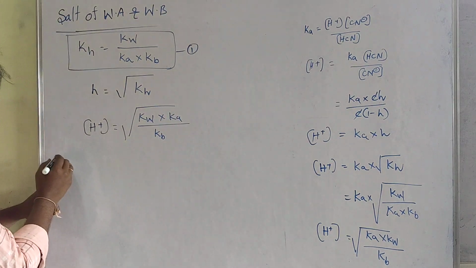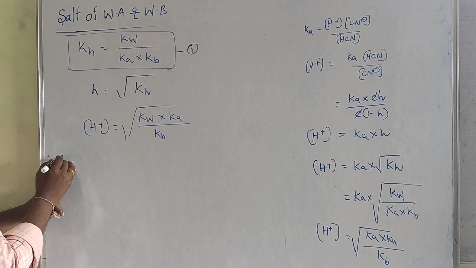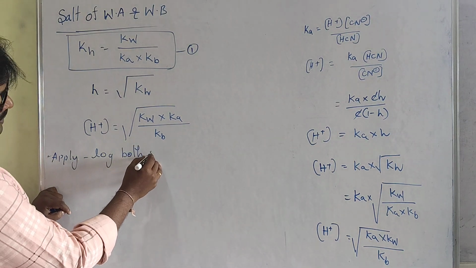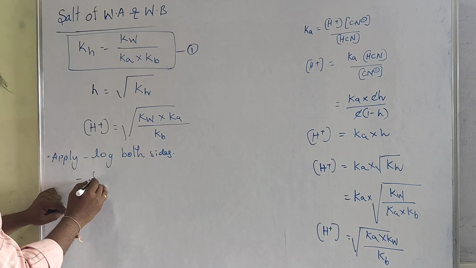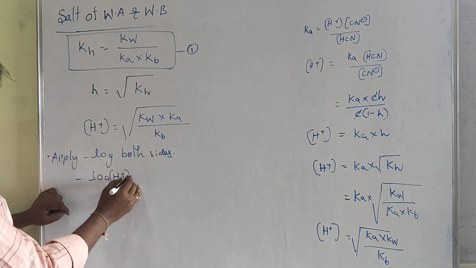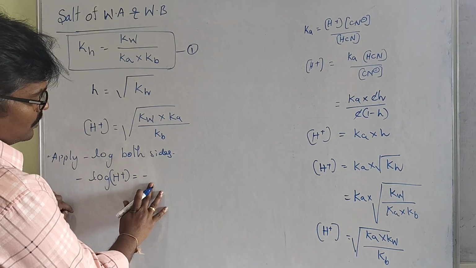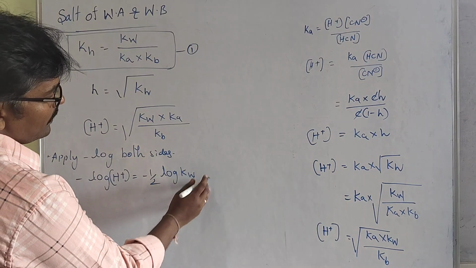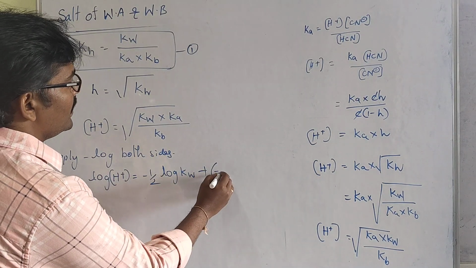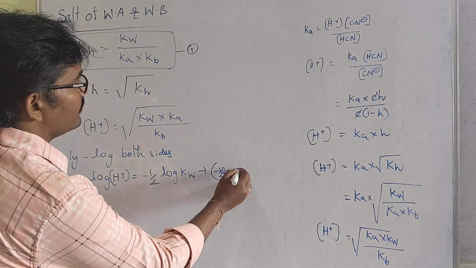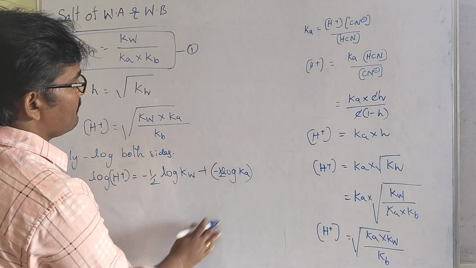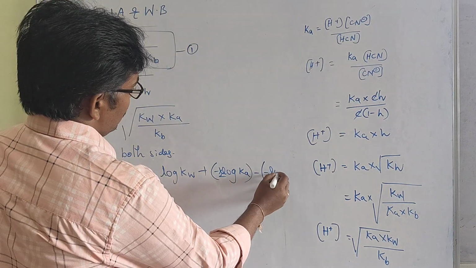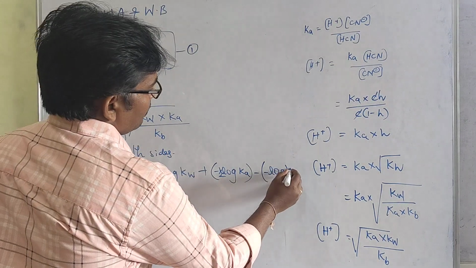Then if you apply negative log on both sides, minus log H plus ion concentration equals minus 1 by 2 into log Kw, then plus minus log Ka, then minus log Kb.